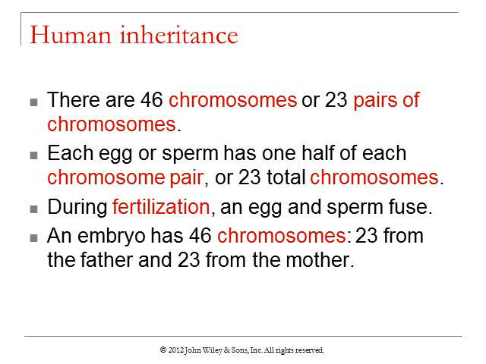So 23 and 23 from both of our parents, so that during fertilization, we brought all of those chromosomes together. And you are a composition of your mother's genes and your father's genes. And your children are a combination of your genes and someone else's genes. So we can see those characteristics that can pass on from generation to generation.